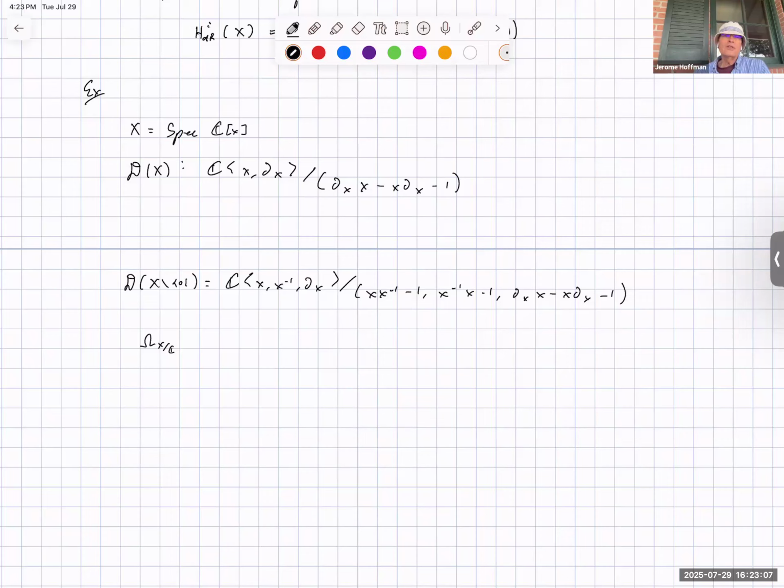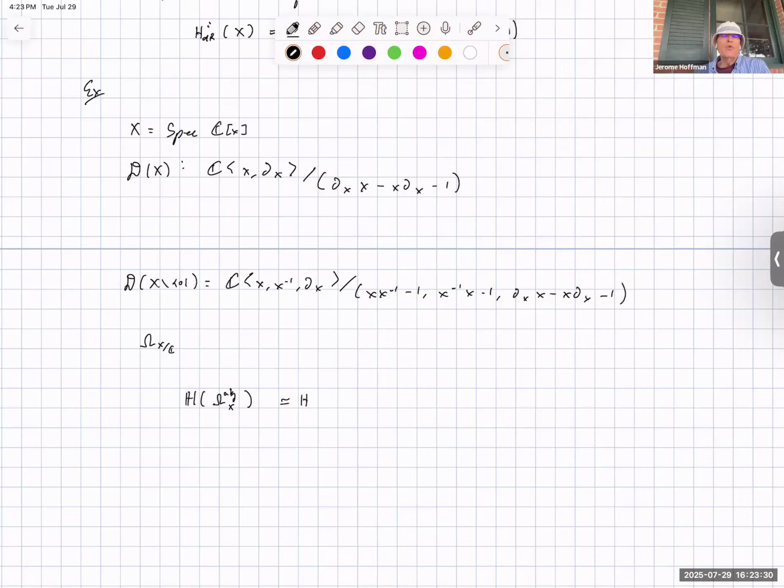But if you want to just do a smooth variety over a field, the definition Grothendieck gave is you take the hypercohomology of the algebraic de Rham complex. And Grothendieck's theorem is that that's the same thing you get from the analytic space. So this is a non-trivial theorem.